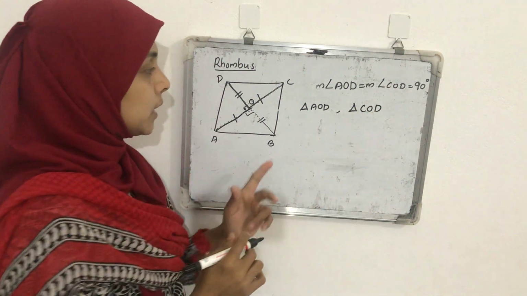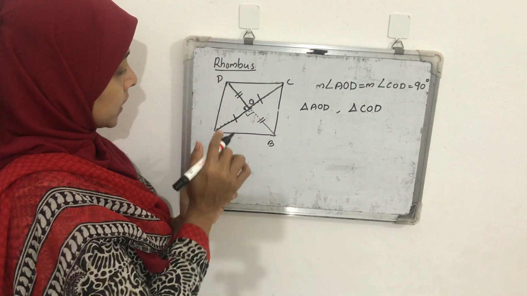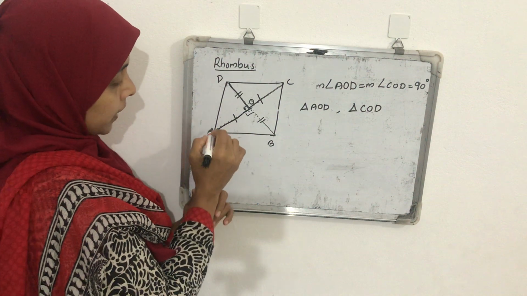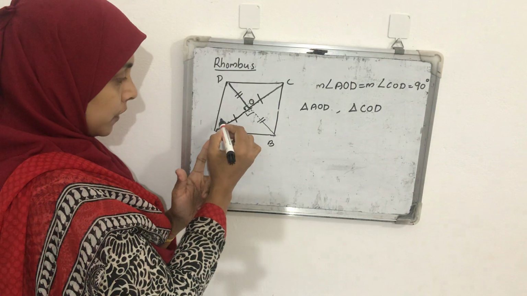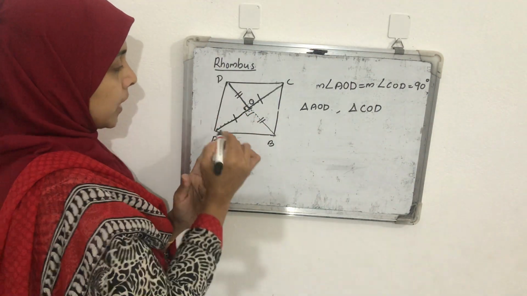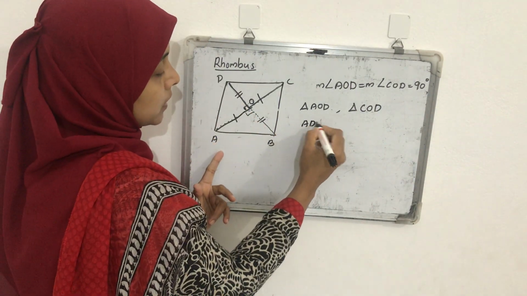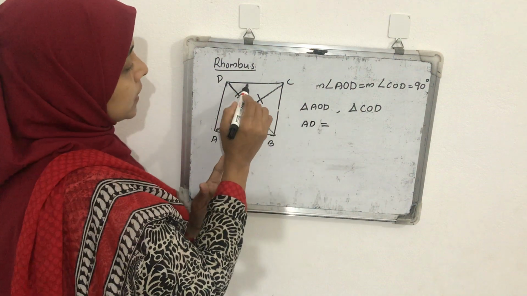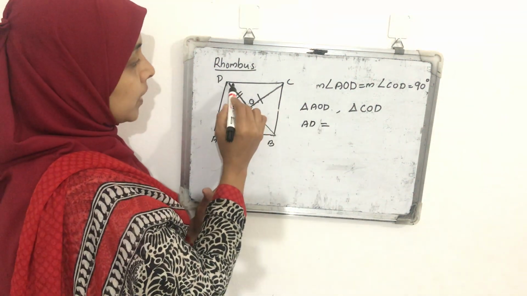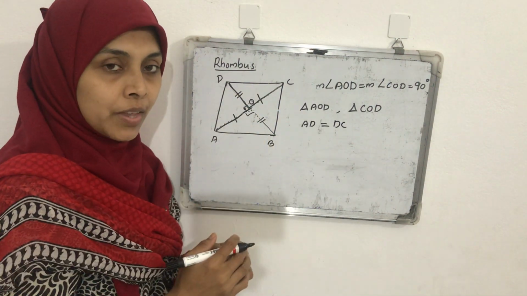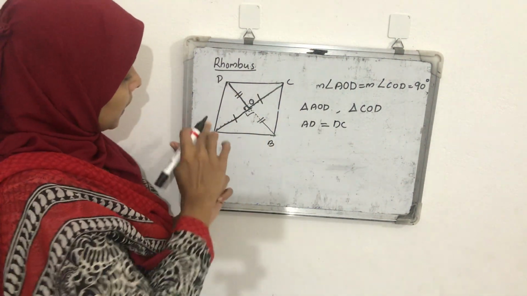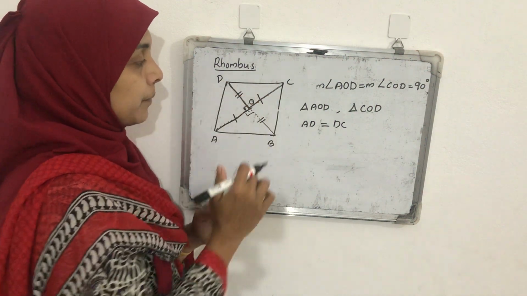For the first triangle AOD, the side AD is equal to one side of the second triangle, that is DC. Why are these two sides equal? What is the reason behind it?